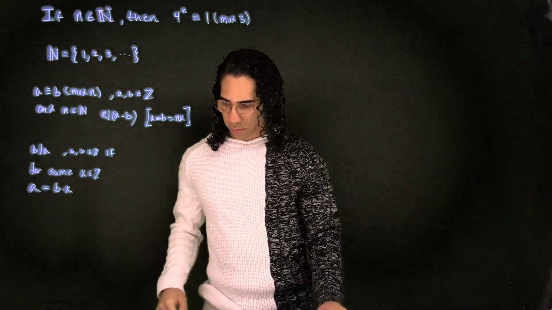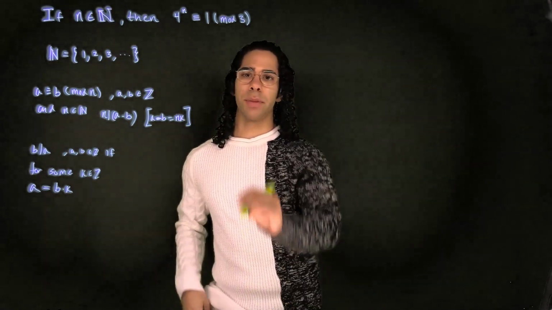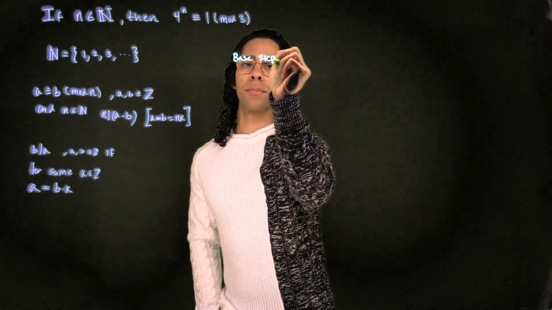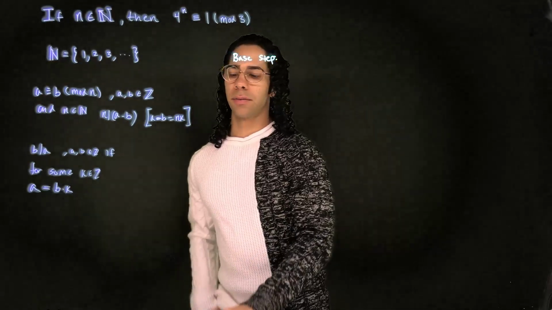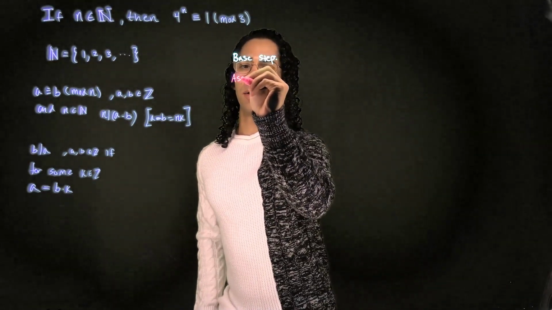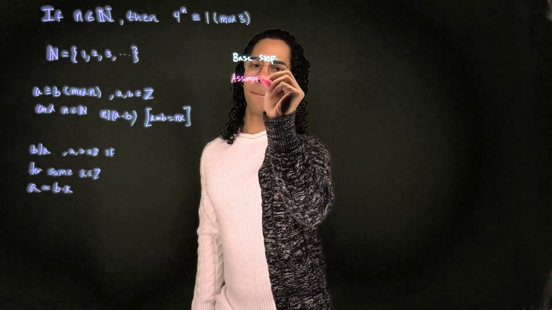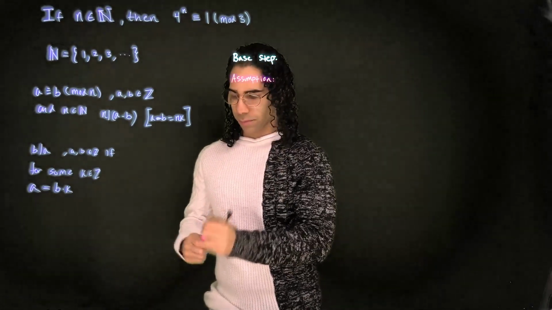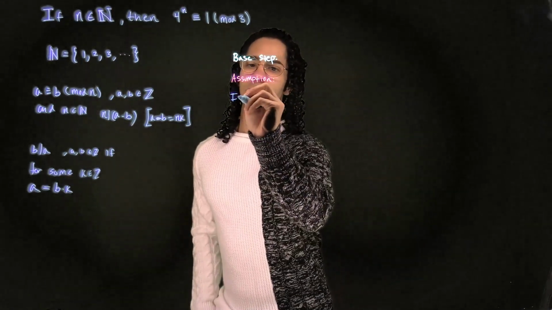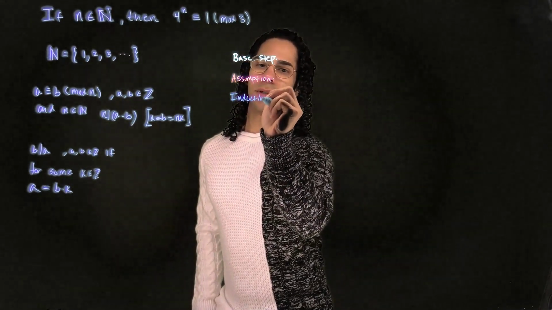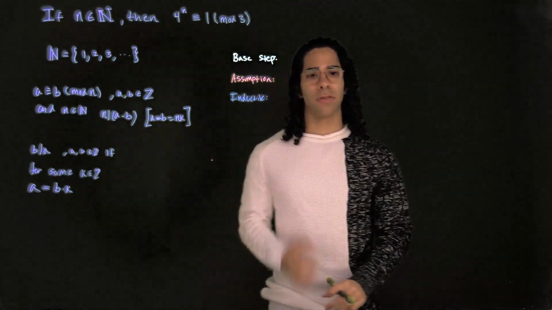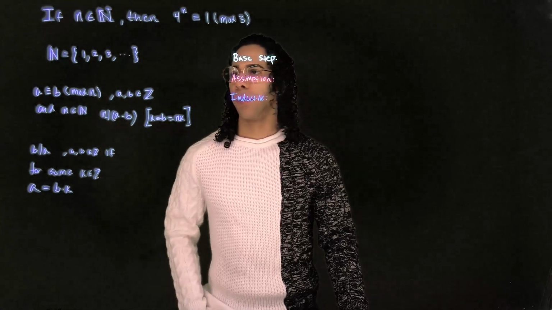So, the way induction works is we have a base step. We have an assumption. And we have the actual inductive step for itself. Right, so in the base step, we look at the first case of our well-ordered set.